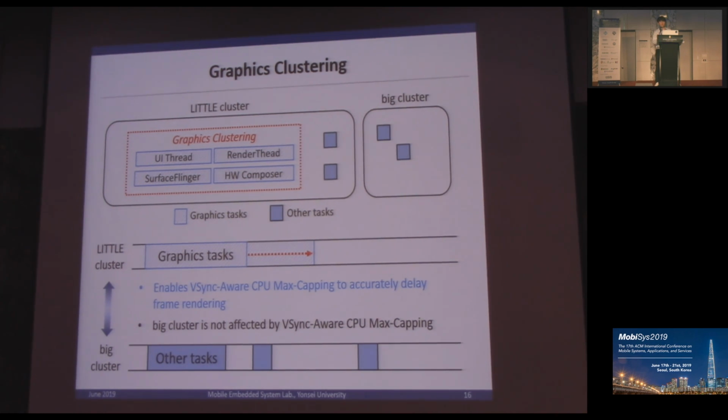With this solution, graphics-related processes are executed in the same CPU cluster and their execution time can be identically adjusted by the same governor. So this solution helps the previous solution, VSync-aware CPU max capping, to work correctly.